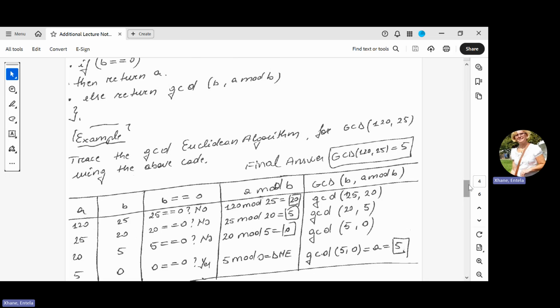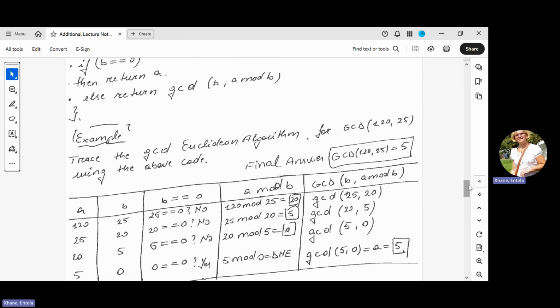If that's going to be no, then we have A mod B. So we are dividing A by B and then considering the remainder. And then we transition into the greatest common divisor between them, because we know that the greatest common divisor between A and B, according to the Euclidean algorithm, is nothing but the greatest common divisor between B and R.